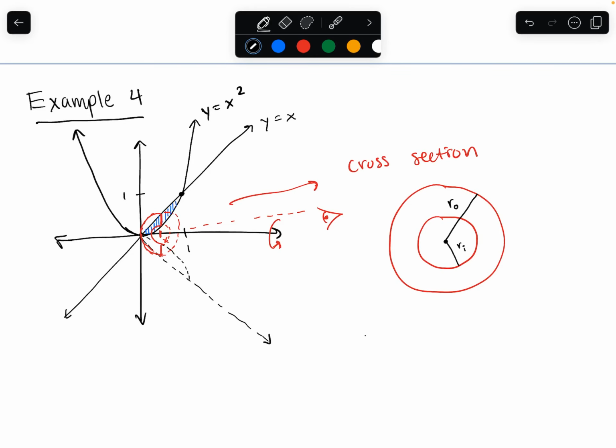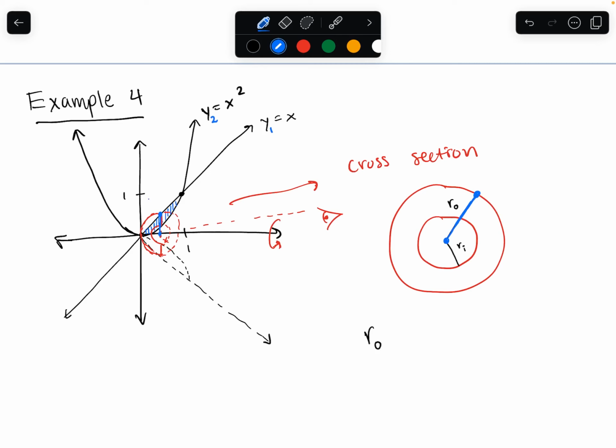So let me see if I can actually draw it in colors. I've got this blue line here. That represents this outer radius going all the way to the top part here. This point that it lands on, let's call this Y1, let's call this Y2.